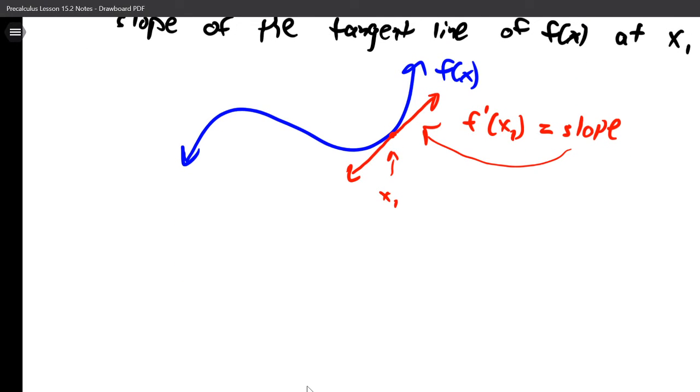Well, it starts out talking about going from a secant to tangent. So if we dealt with the same kind of curve there, but I'm going to zoom in a little bit, okay?